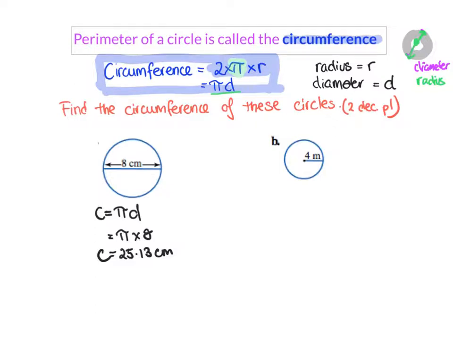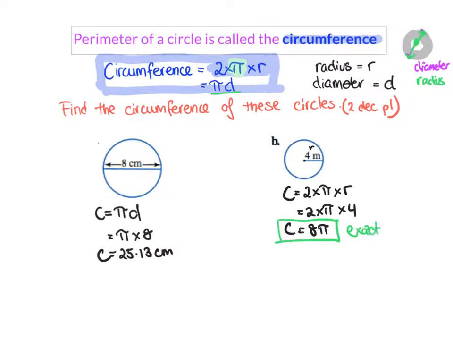Okay, with this next one, they're asking me to find the circumference, but because I've been given the radius, I'll use the radius formula, which is 2 times pi times r. So if I change my r to what it is, which is 4 meters, I'll get the circumference. If we write 8 pi, that's okay. If you don't have your calculator, you just leave it as 8 pi because 2 times 4 is 8, and this is what we know as an exact answer.